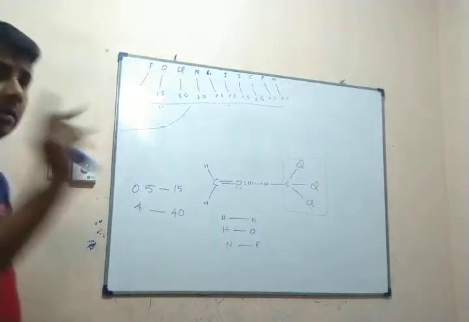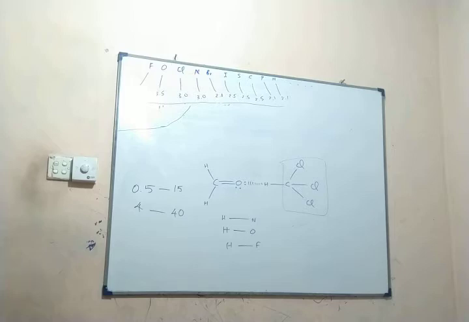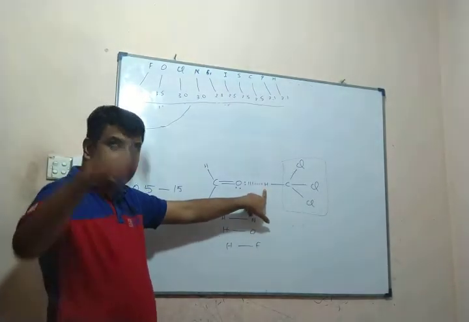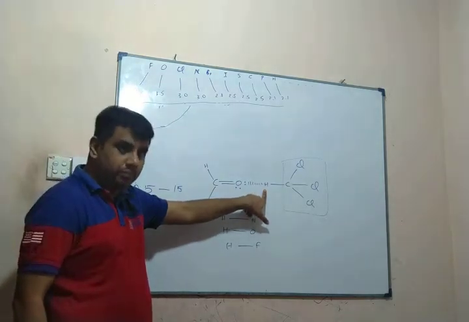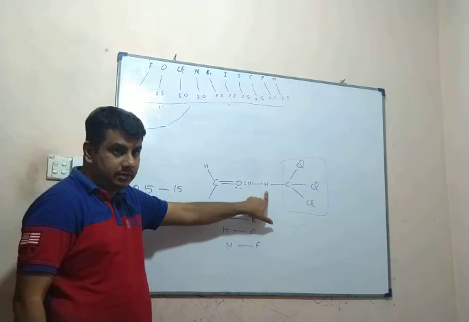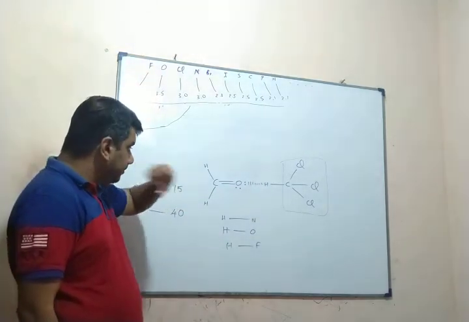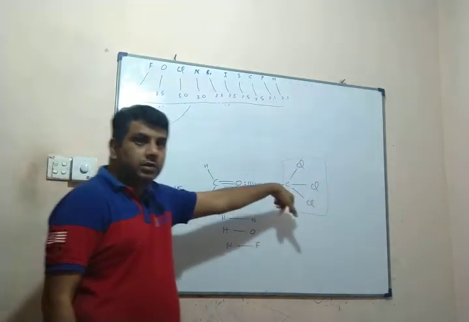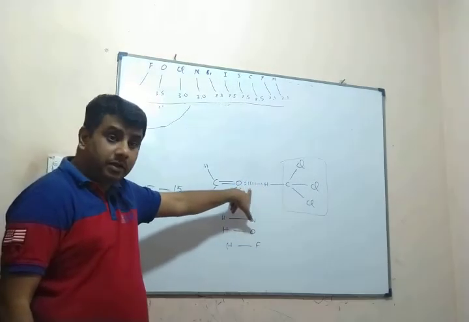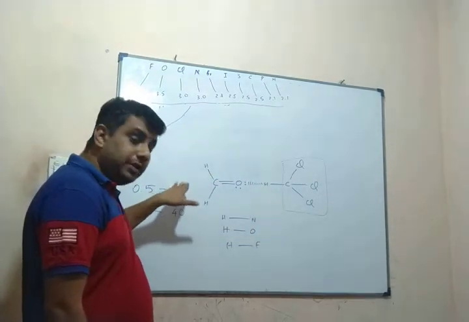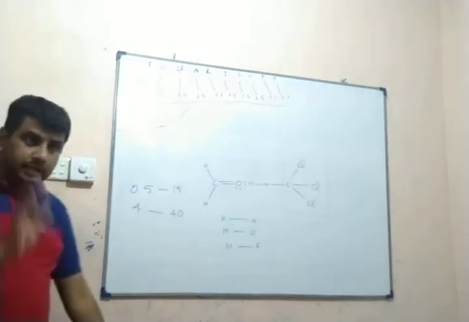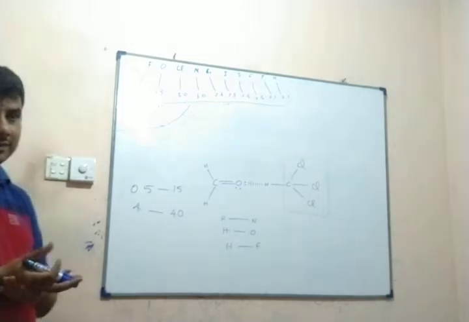So it's a strong hydrogen bond. But hydrogen is compulsory to define a hydrogen bond. That's why it's called hydrogen bond. The other part can be anything, but the bond energy should be much stronger than normal dipole attraction. Then it is a hydrogen bond.